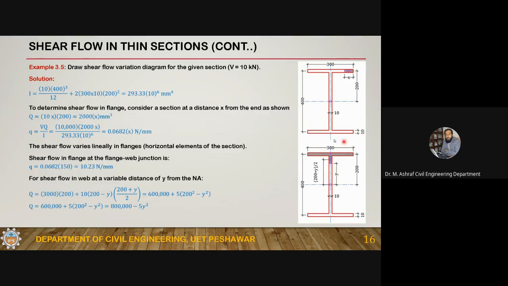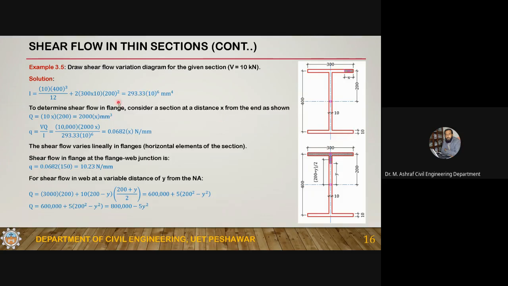Because it is equal to 300 into 10 cube divided by 12, which is very small as compared to this value. It will be in thousands, but it is very small as compared to the millions.